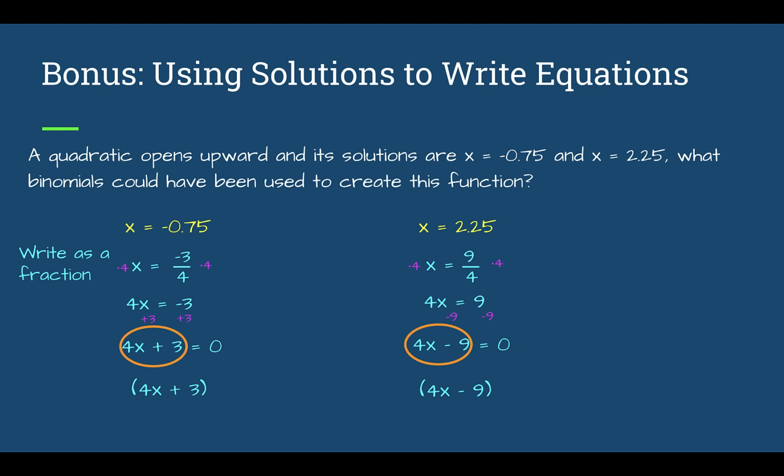If you think back to topic 8, when we were looking at features of quadratics, the value of a, that number in front of x squared, tells you if it opens upward or downward and if it's a wider parabola or a more narrow parabola. So if you needed to figure out the actual equation after you multiplied these two binomials together, you would multiply by your a value and get your final equation.